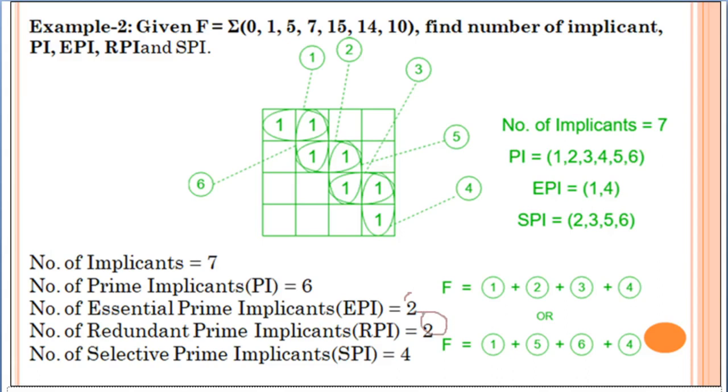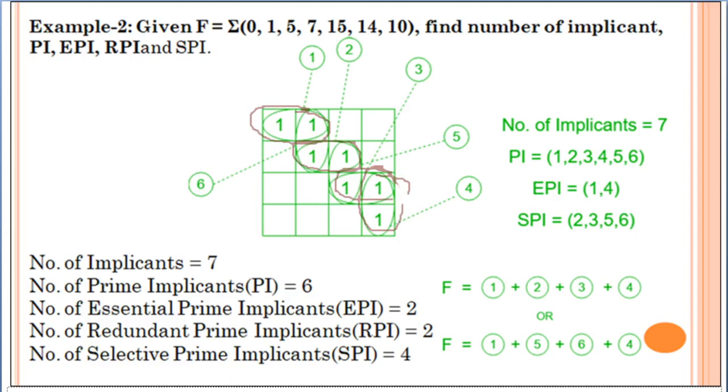But in that particular example, if we take this group, this group, this group, and this group, that means we have total 4 essential prime implicants.